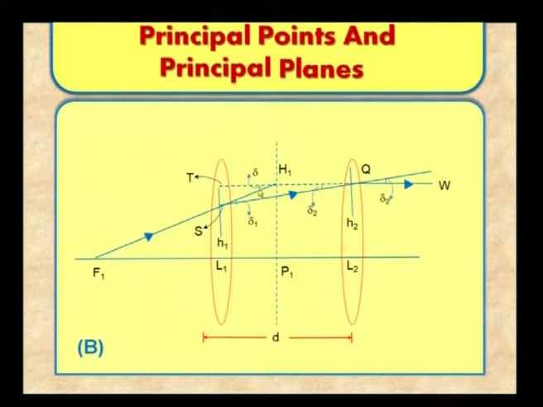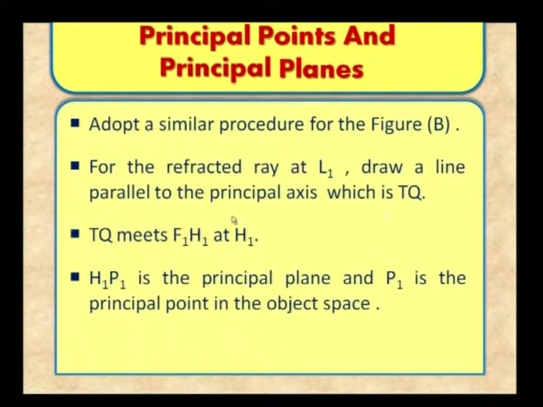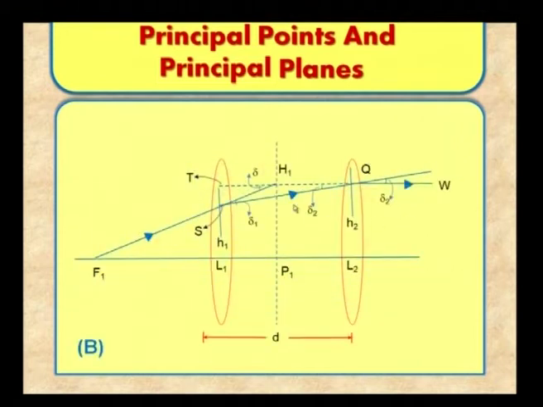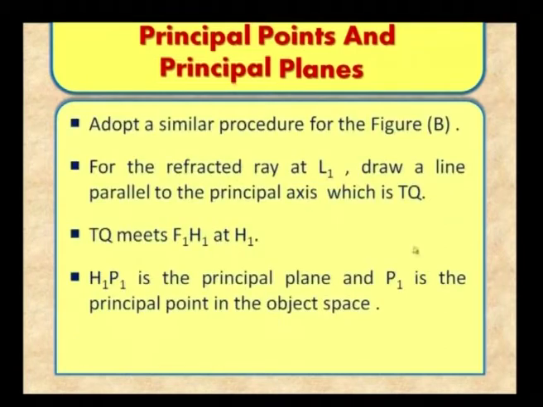TQ, the line drawn parallel to the optic axis, right. Suppose the light ray would have gone in this direction, then the light ray would have met your TQ at a point H1, and so H1 P1 is the principal plane, and P1 is the principal point in the object space.